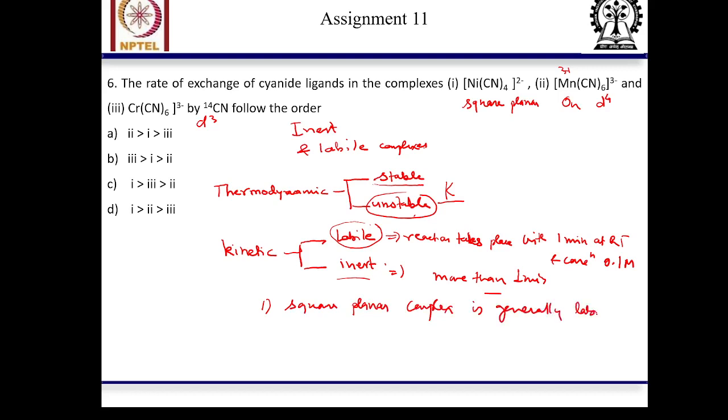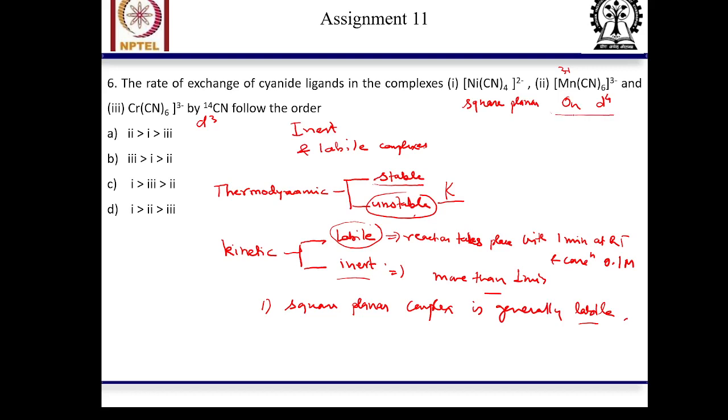Second thing, Mn is D4 and Cr is D3. If we go to octahedral, we see the electronic configuration.